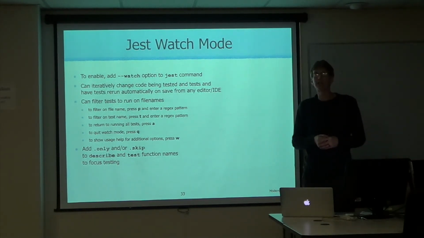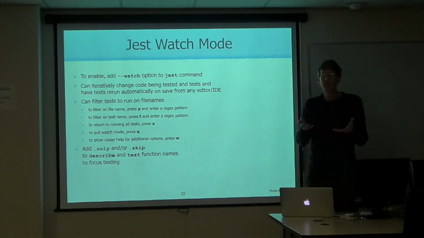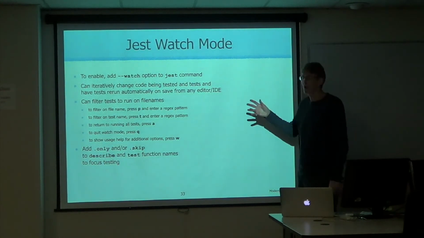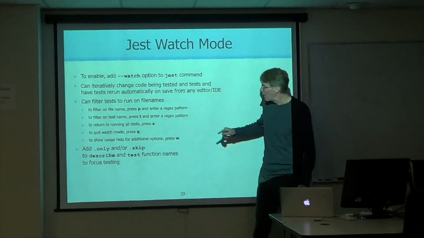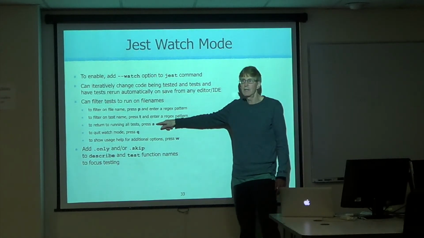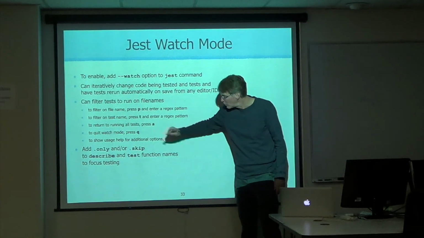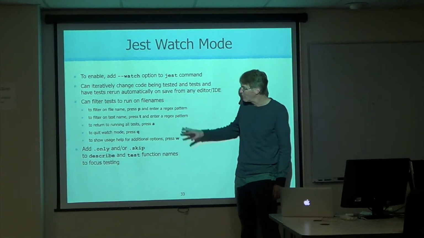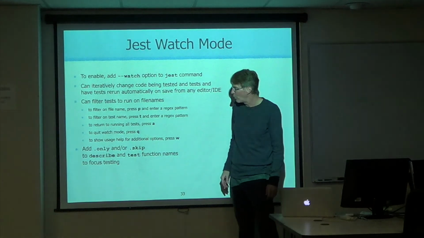And it will tell me each time how many tests it skipped, so I'm not going to forget to test them again, but just temporarily I can focus on that. And when I'm done, I can type A to say run all of them again, Q to get out of this, and then W if I want to see all the options for the watch.